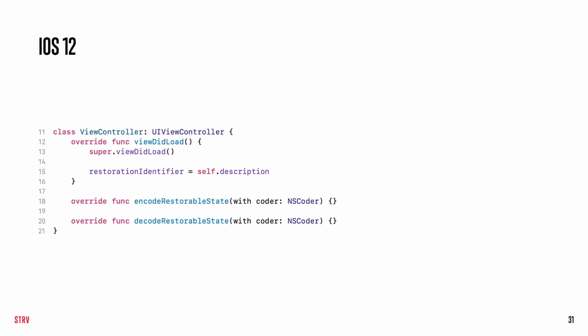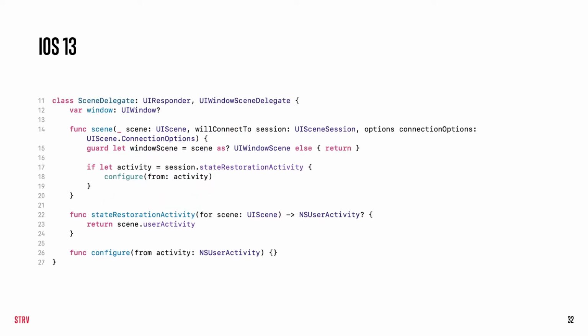It's separated for every view controller, so you save the state of every view controller separately, and then it's also restored separately. So if you don't want to have your app in MVC, then it's kind of difficult to use this native way. Well, luckily in iOS 13 it was changed, and right now it looks like this.